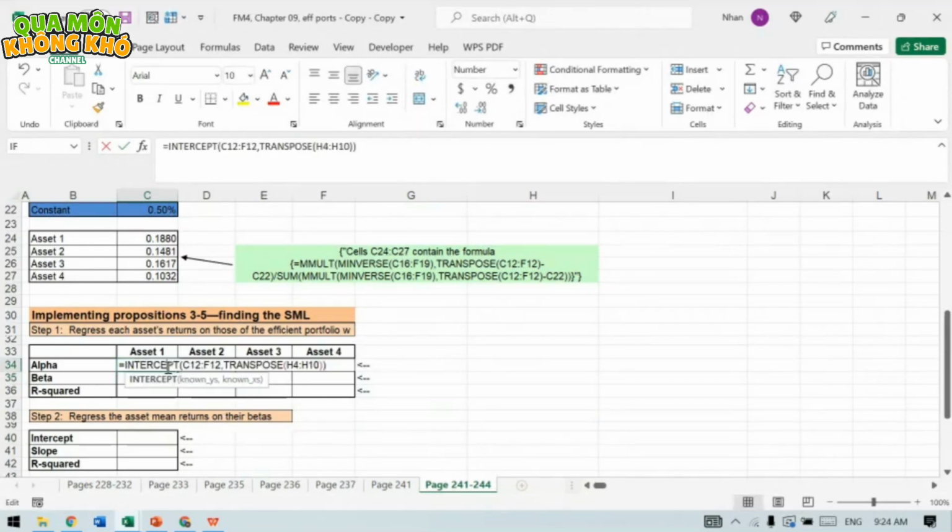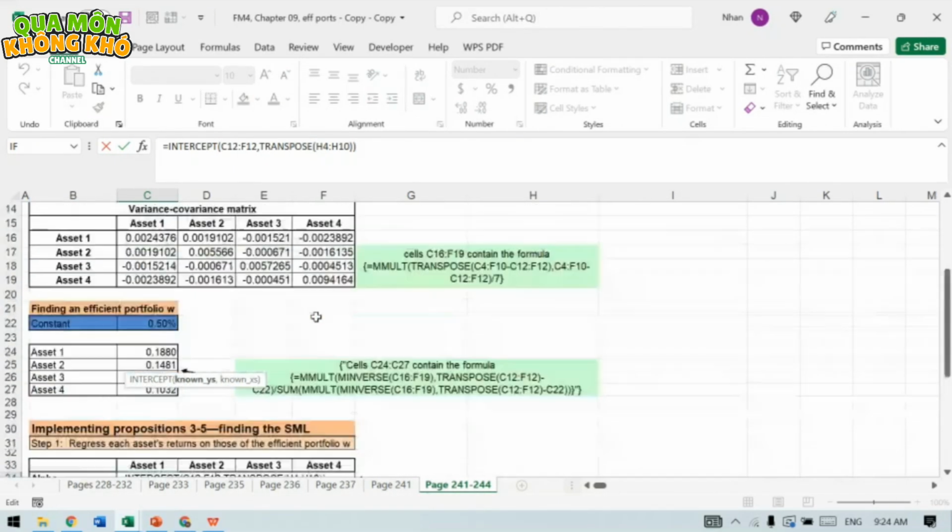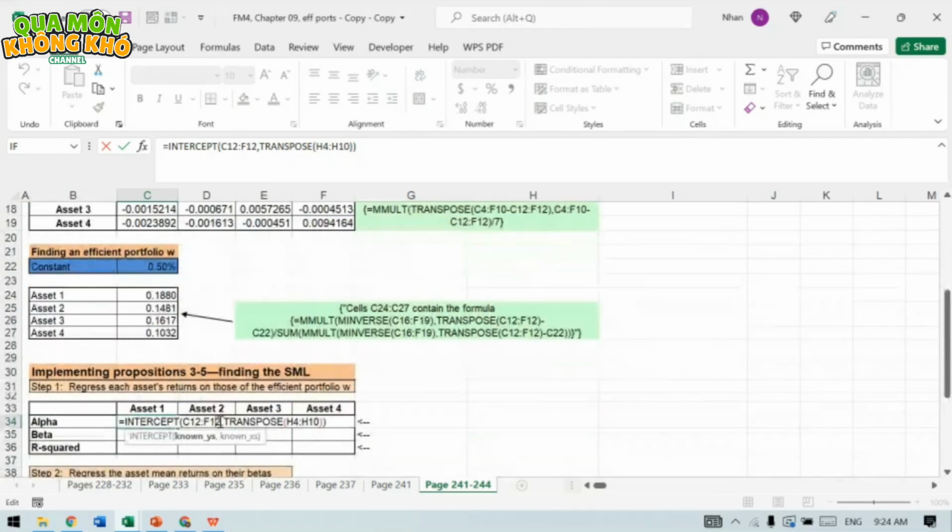No. Each asset return, not the mean return.